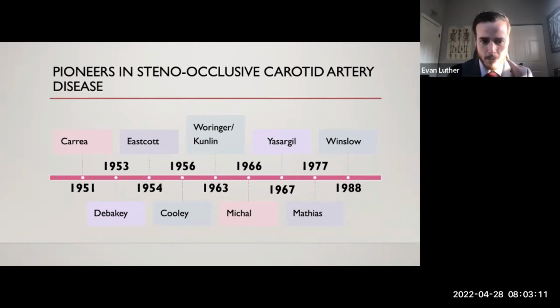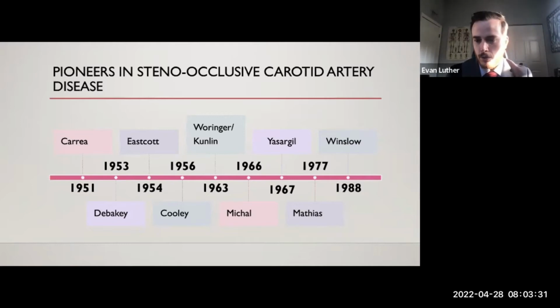I think the most important thing here is that Dr. Winslow in 1988 was really the first to report the loose indications for endarterectomy. I think in 1953, following Dr. DeBakey's development of the procedure, many people just started doing endarterectomies on anyone with carotid stenosis.